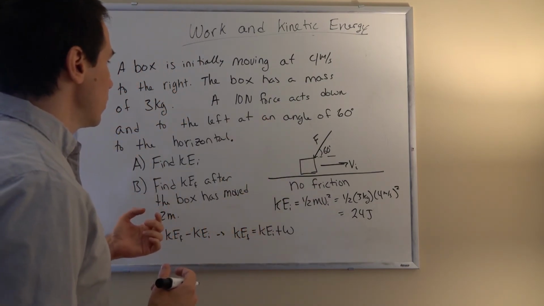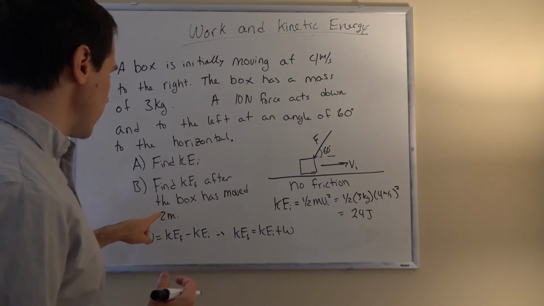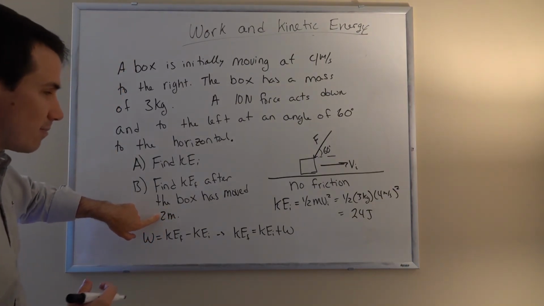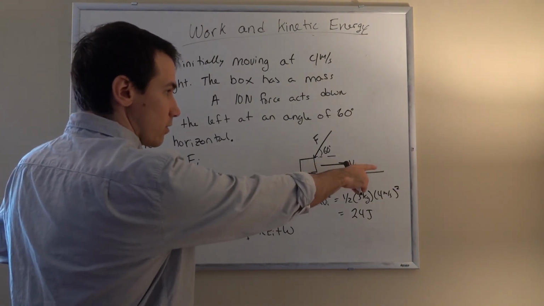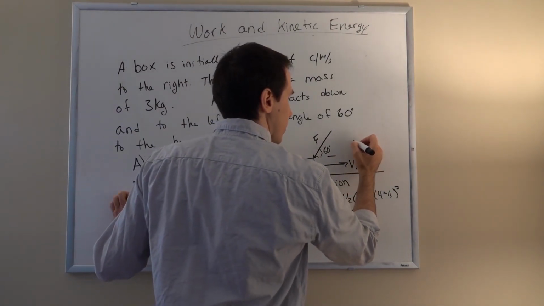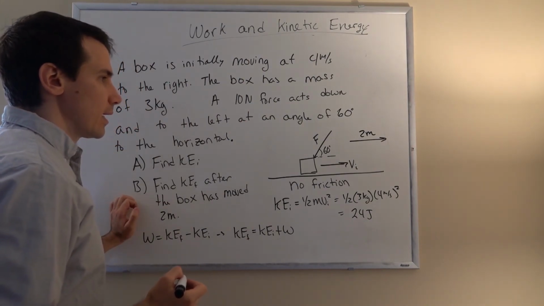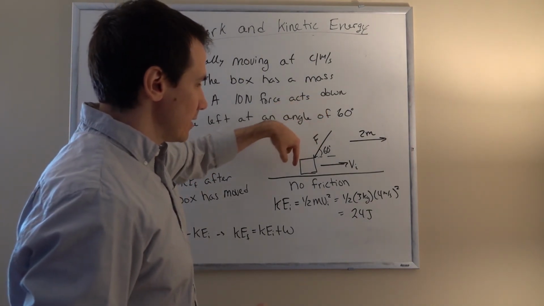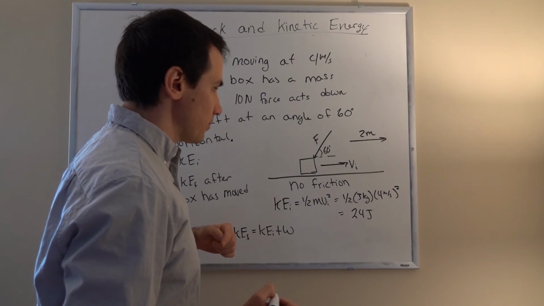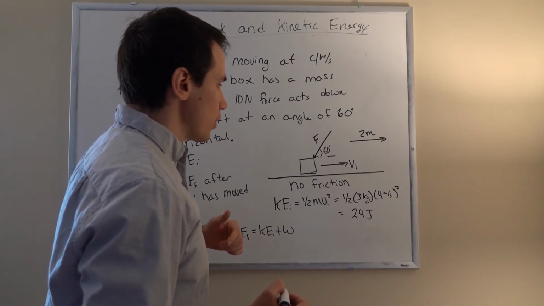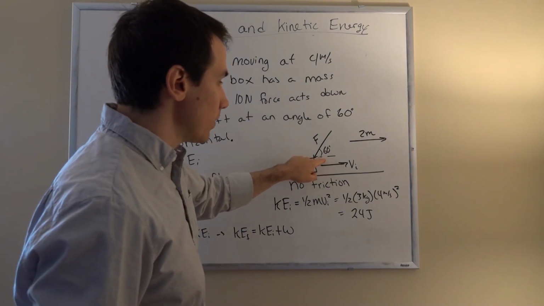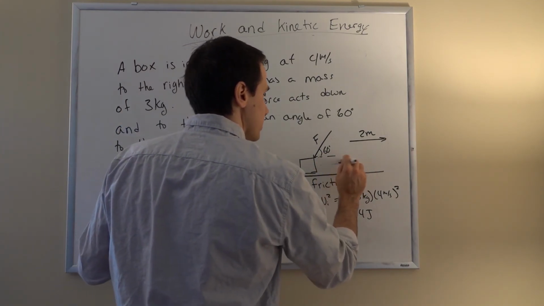I know from my problem statement that my displacement is 2 meters to the right. So my displacement vector looks like 2 meters to the right. And my force vector points down and to the left. So my x component of my force, I'll erase this here.